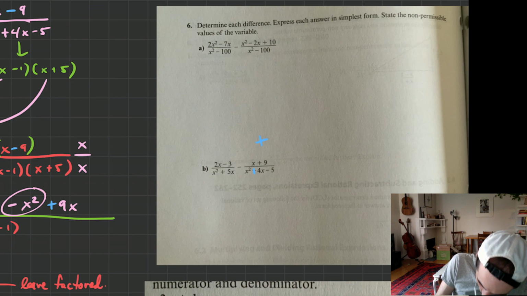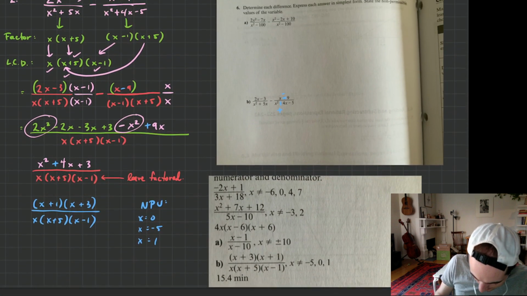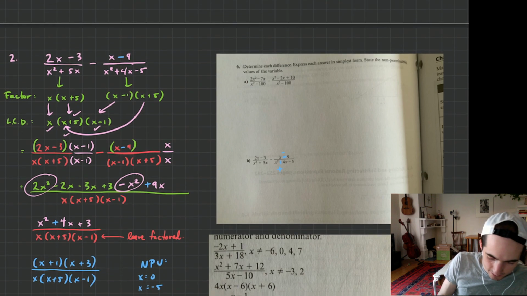So they basically mixed these symbols up. That should have been a plus, that should have been a minus. So that's where they made their mistake. And in the solution, this was 6b. They had x plus 3, x plus 1, right? So they must have made that mistake.